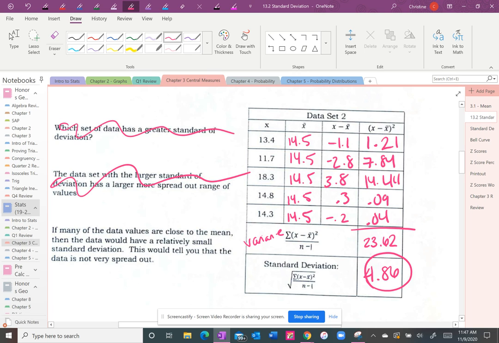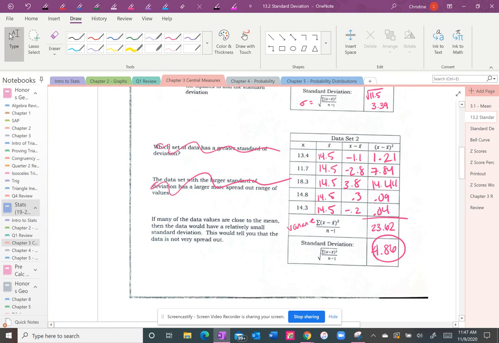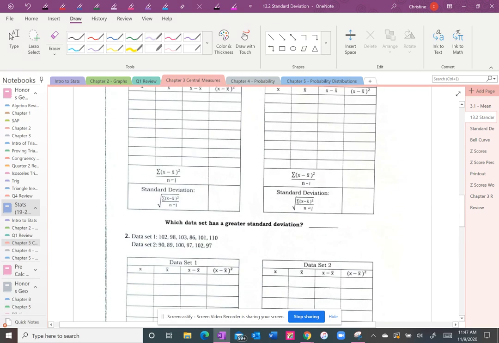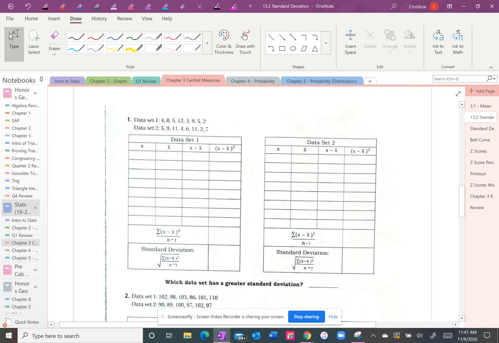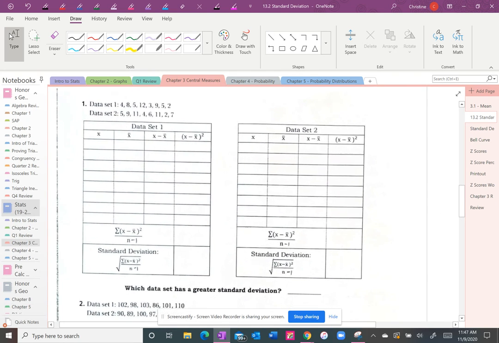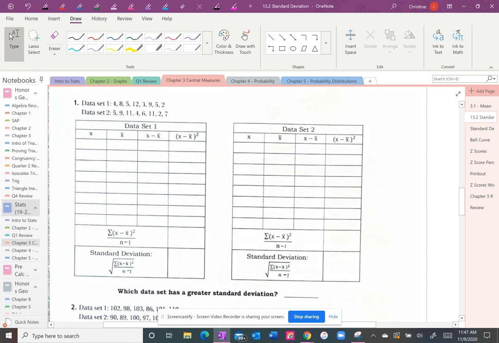Okay. We don't need to do this however many times. Let's just do these two. I'm going to leave you these two charts. Maybe I'll just put this in a Google form. I'll do that. Or you know what? How do I want to do this?